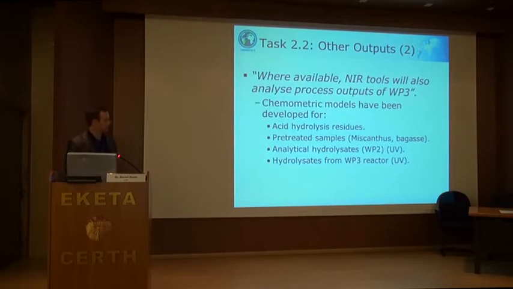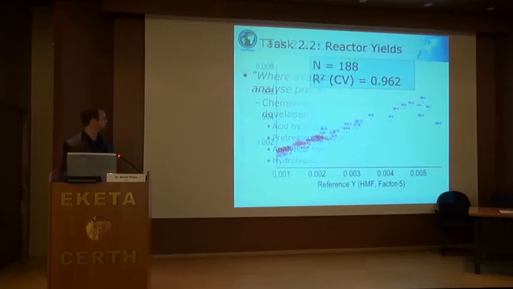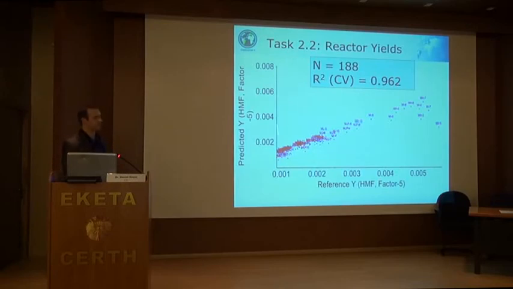We also have used NIR and other chemometric techniques to analyse, in a rapid manner, products from the process in work package 3, what Donica was talking about, the acid hydrolysis and the pre-treatment of biomass. So the acid hydrolysis residues, pre-treated Miscanthus, analytical hydrolysates, the liquid hydrolysates from work package 2 and work package 3. And here you see, this is the output from our Dibanet reactor.